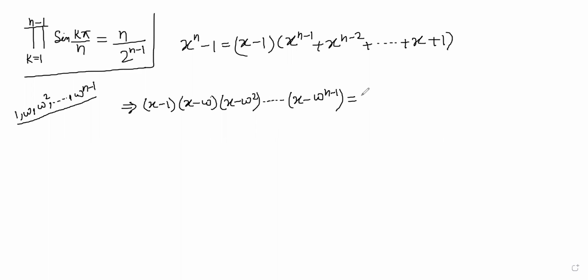Our equation is in factor form, and the RHS is also in factor form, but in a different way: x to the power n minus 1 plus dot plus x plus 1.